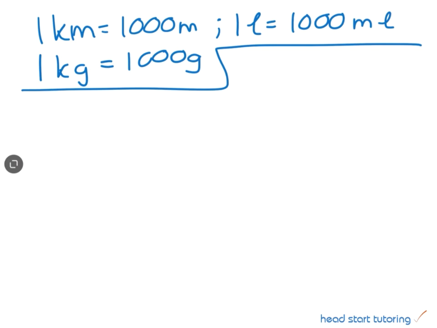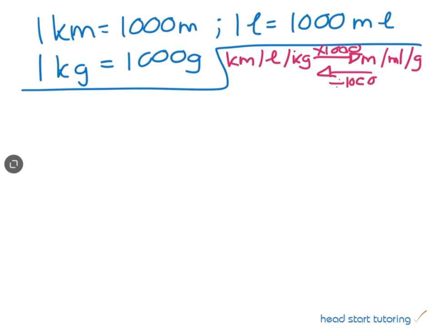And let's remember that when we are going from kilometers or liters or kgs to our meters or milliliters or grams, we will be timesing by 1,000. And when we are going the other way around, we will be dividing by 1,000.